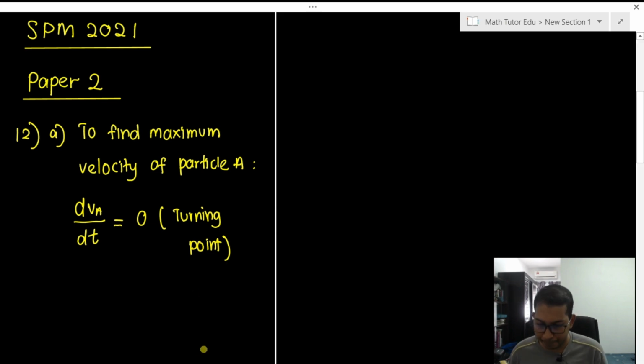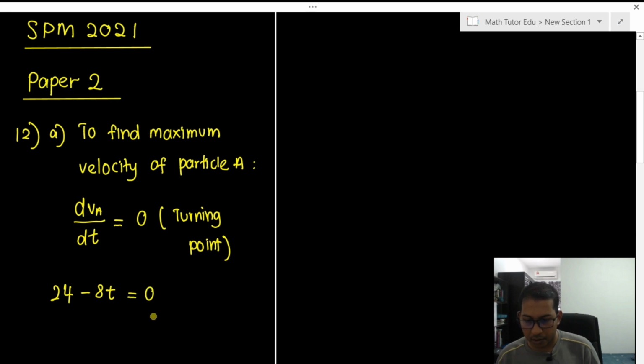So from here we differentiate velocity A with respect to time. You get 24 minus 8t equals 0. So 8t is equals to 24.